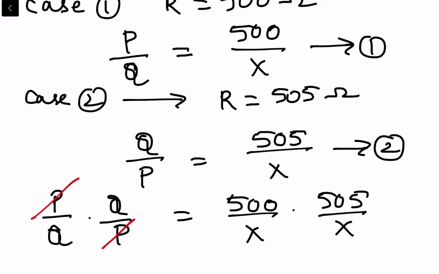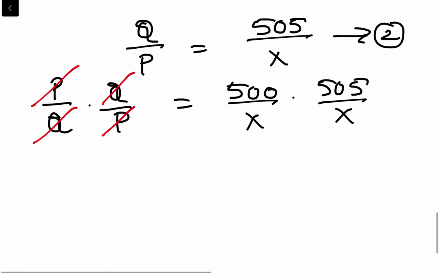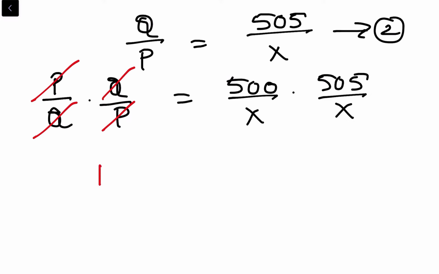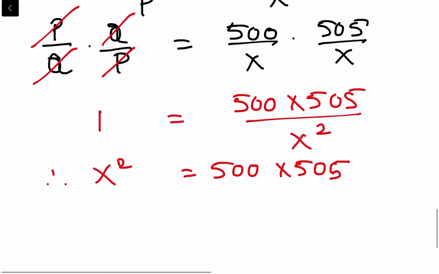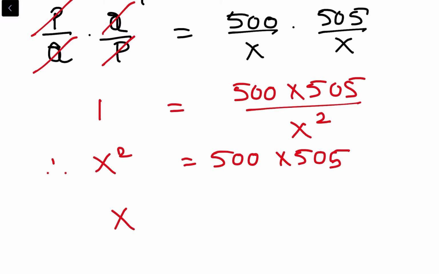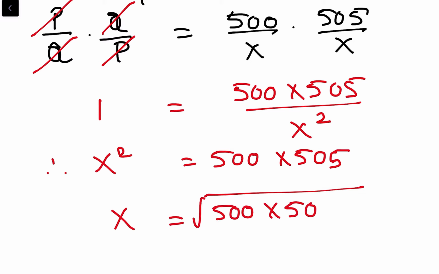So here P cancels and Q also cancels. Then 1 is equal to 500 into 505 divided by X square. Therefore, X square is equal to 500 into 505. Therefore, X is equal to under root 500 into 505.